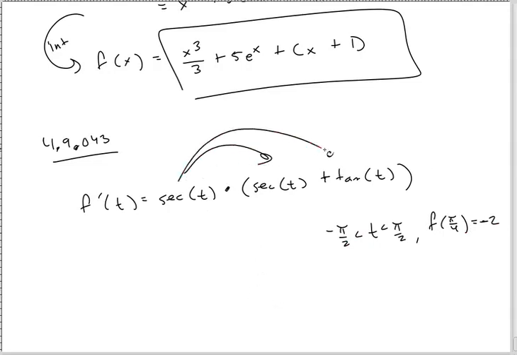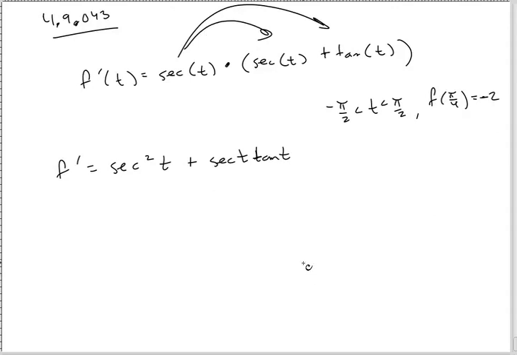All right. So I'm going to distribute, and so this is still my f prime. I got secant squared of t plus secant tangent. Now, if you are a trig expert, that is awesome, and good job. Do you see what the original is? I'm going to take an integral. What is my original equal to now?